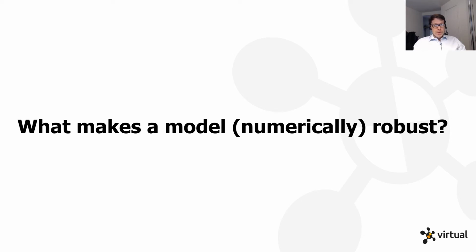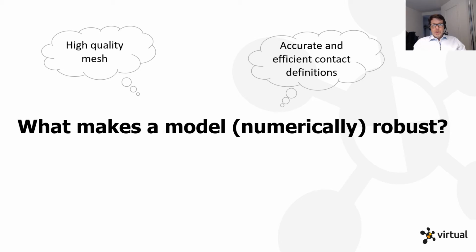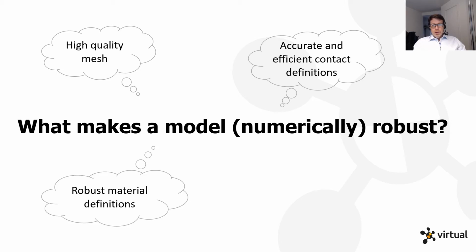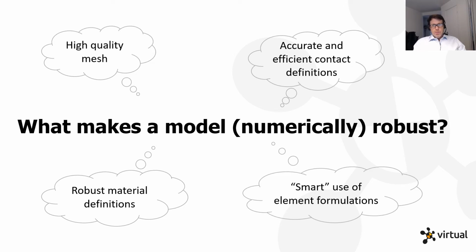So, to maximize the chance of having a robust model, we should create a high-quality mesh, have accurate and efficient contact definitions, use robust material definitions, and to some extent we can also play with the element formulations.